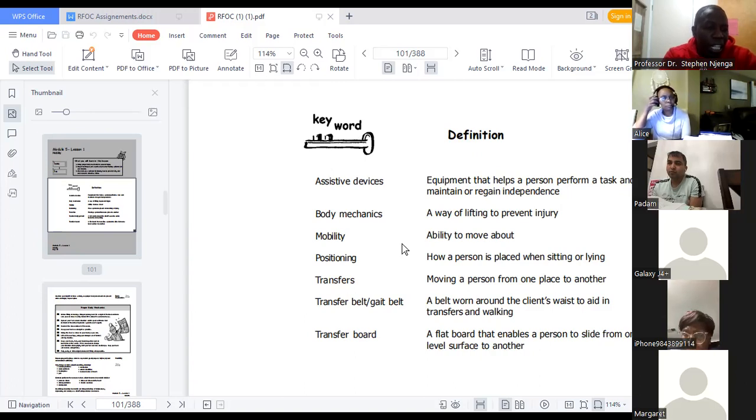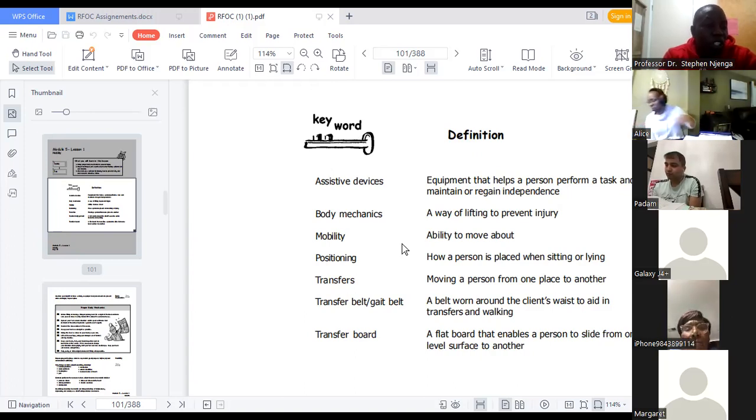So it's good to read a care plan. And a care plan will tell you what you are supposed to do from point A to point B. Once you know that, it helps you to understand the condition of the client. It will tell you whether the client has high blood pressure, or diabetes, a mental health condition, dementia, or a developmental disability.